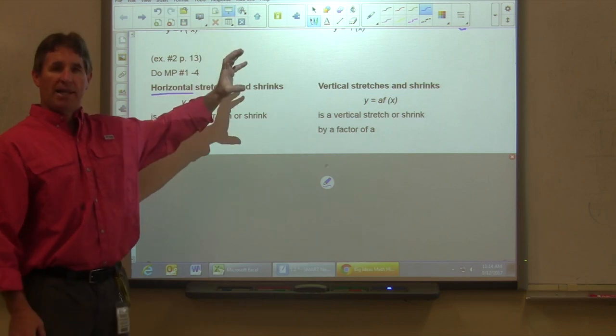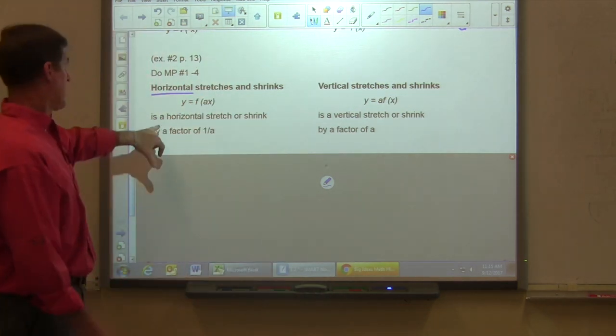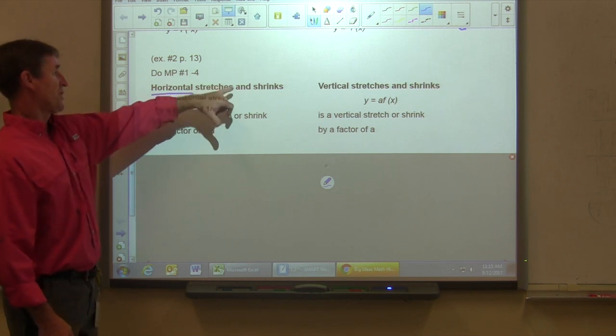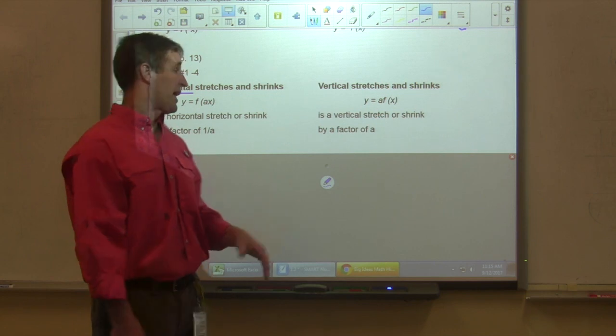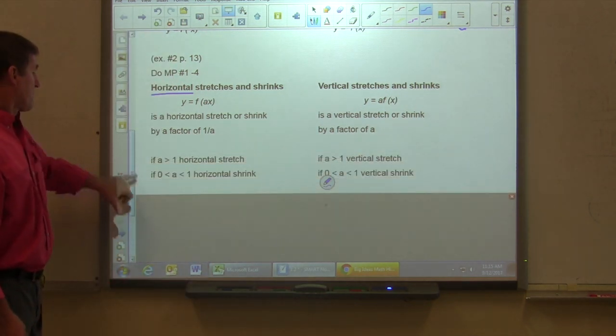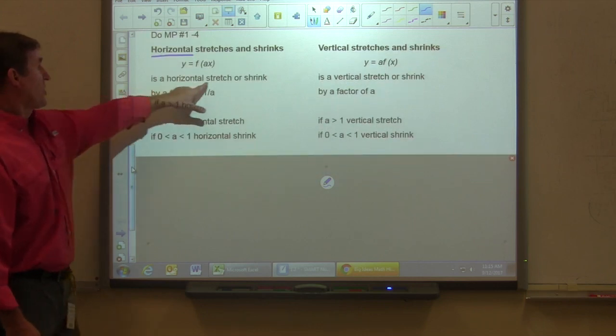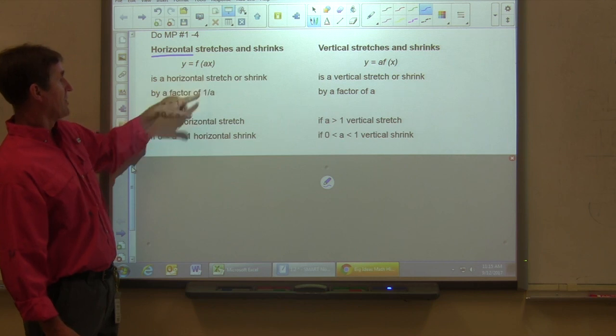And because they were added and subtracted, those are additive inverses or opposites. With horizontal stretches and shrinks, since it's multiplied, it's the multiplicative inverse, or the other word for that is reciprocals. So it's a horizontal stretch or shrink by a factor of 1 over a.